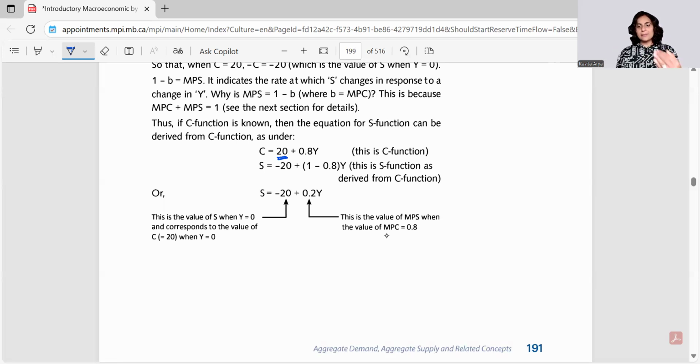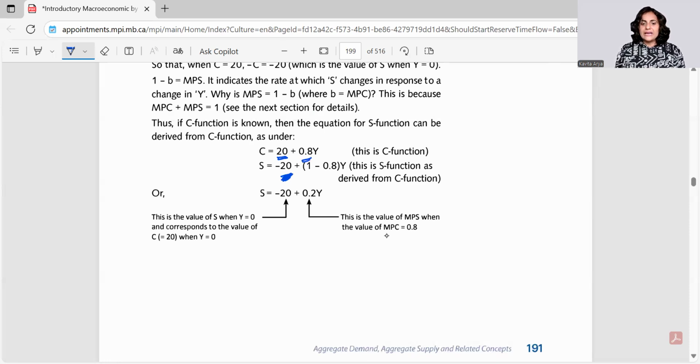On a very similar note, when we talk about savings, at this point of time, when we are consuming 20, where we do not have any earnings, this is saving or borrowing. So that's why the same value 20 becomes minus 20, corresponding to that level where y is equal to 0.